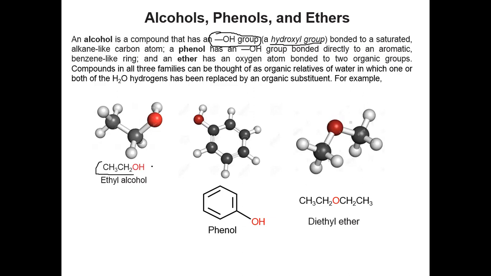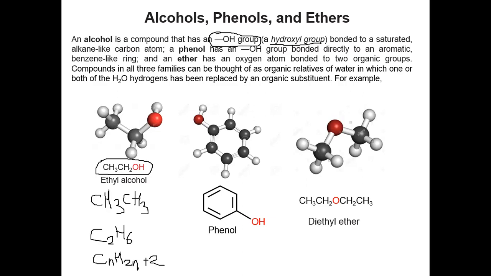What is different from alkane, if I write alkane, it's CH3 CH3, or in other words, C2H6, right? So it fits the formula as we said, CnH2n+2. So this is alkane, which is ethane.